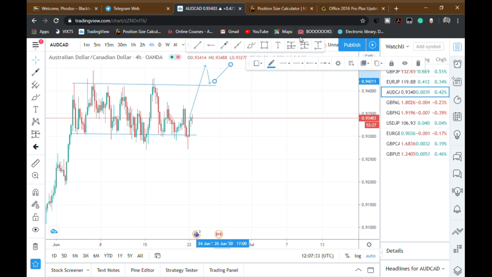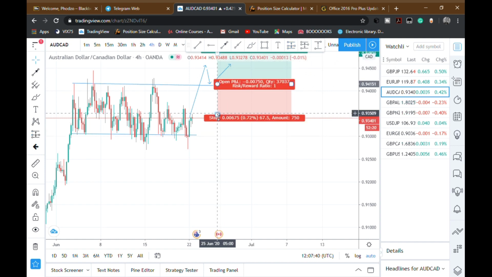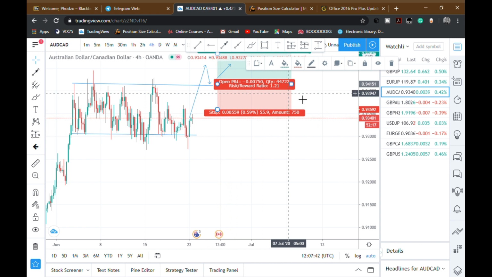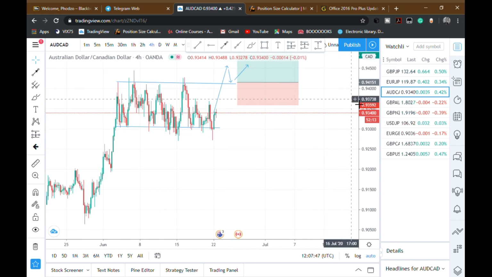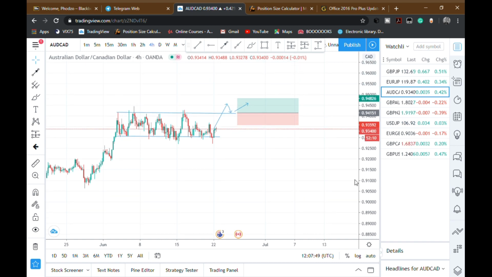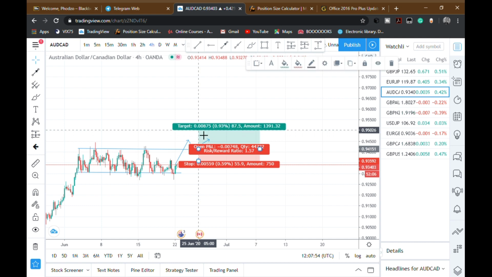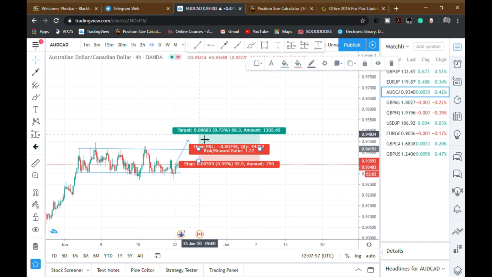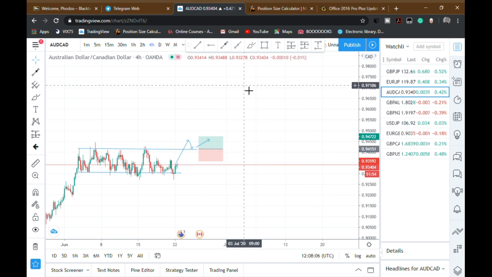If it does that, I'm going to enter right here when it comes back, with my stop below halfway through the range, and then initial targets 1:1. I take 1:1 for initial targets, then put my stop loss at break even and let the rest run.